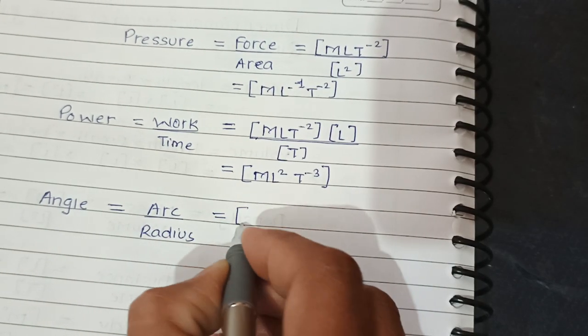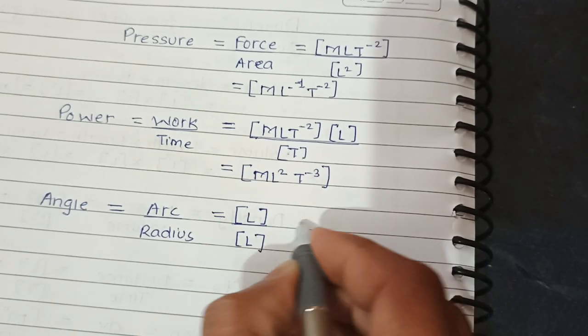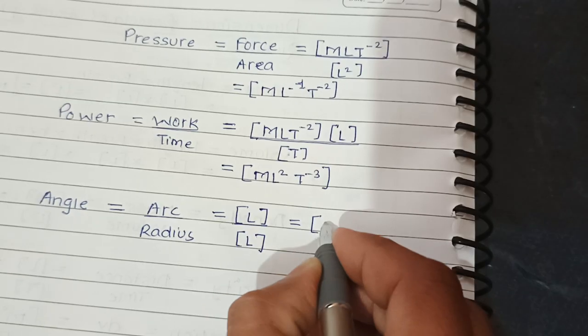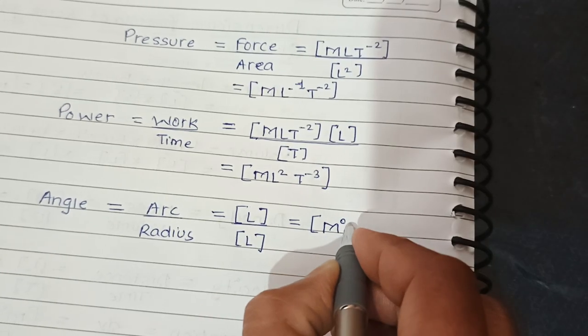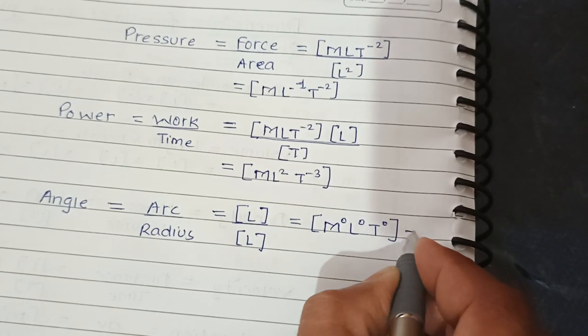So arc is L and radius is also L. So that is M to the power 0, L to the power 0, T to the power 0.